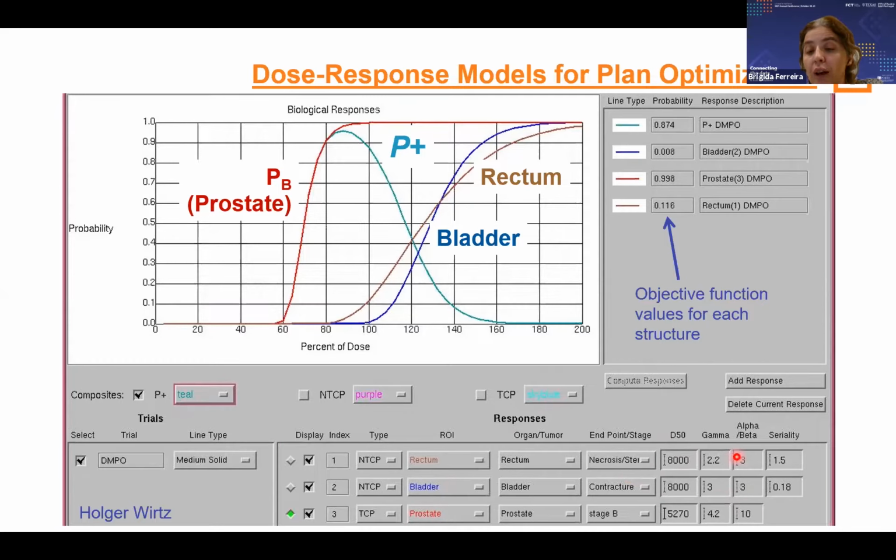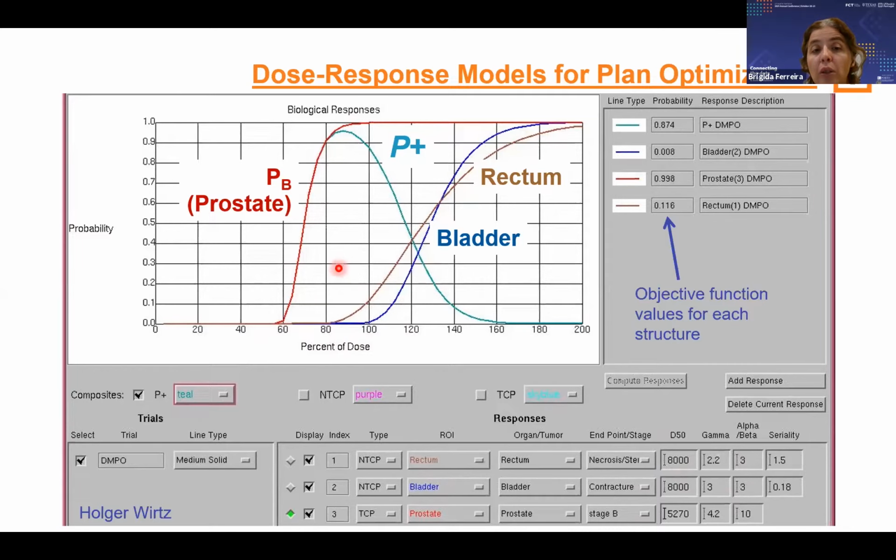Once you define your dose response parameters and calculate the plan, the treatment planning system displays the dose response curve for the probability of tumor control and the dose response curves for the probability of complications in the rectum and in the bladder.